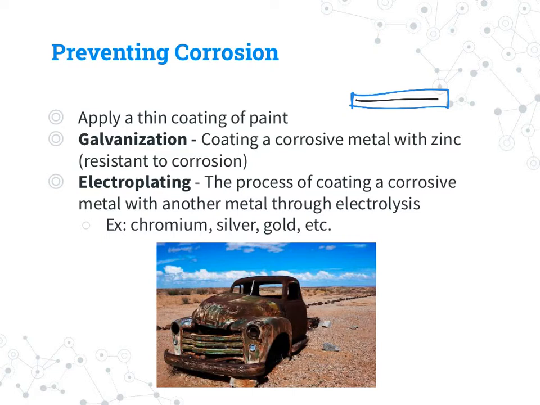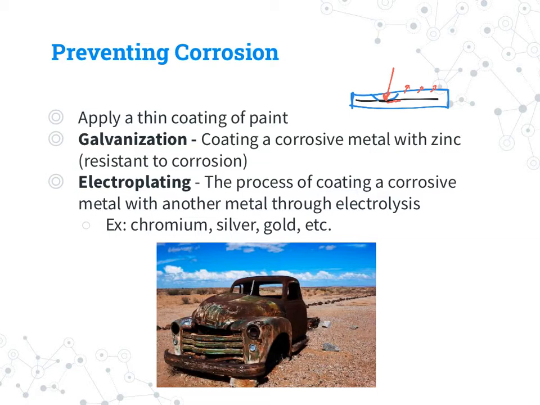However, if our paint chips away at one spot and our metal is now exposed here, now oxygen and water can start to rust it, and it will continue along this piece of metal, lifting the paint. We can also galvanize. Galvanization is a coating when we coat a corrosive metal with zinc.